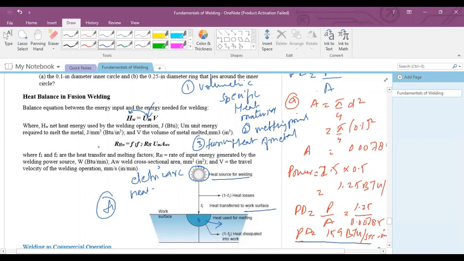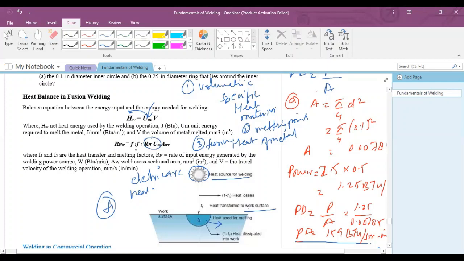If we study this heat transfer with respect to time, then RH will be introduced in the equation. It is the rate of heat transfer to the workpiece, and RHUM is the rate of heat required to melt the material, right?